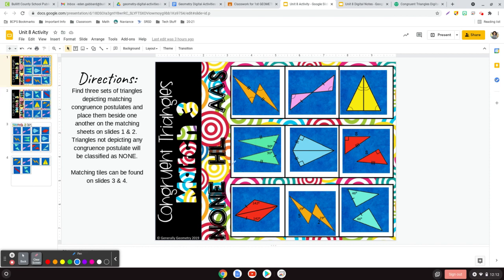For the hypotenuse leg to work, we need the hypotenuse, which is our side directly across from our 90-degree angle, to be congruent, and this is true here. On here, our hypotenuse for both of these triangles is also a reflexive line right here. So that's going to be congruent.